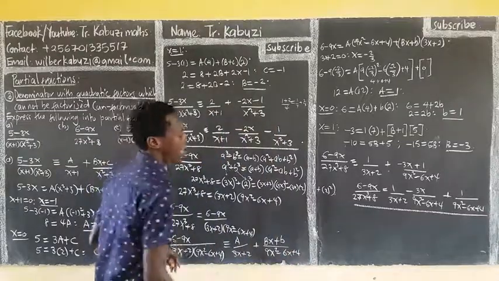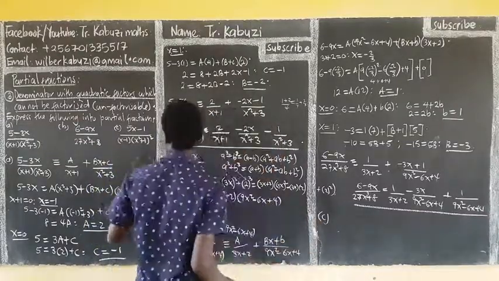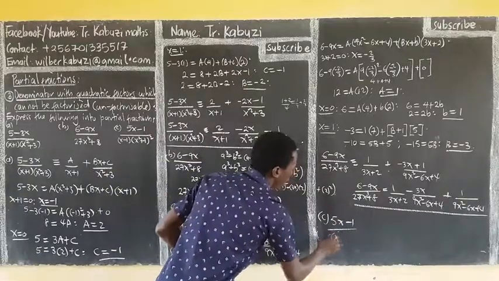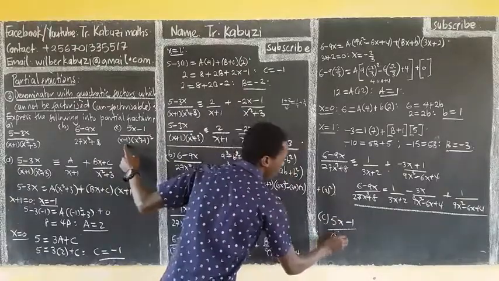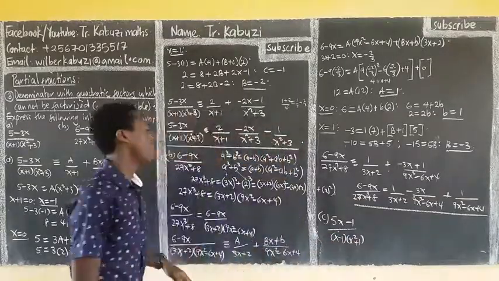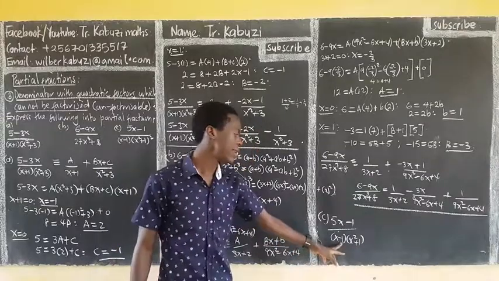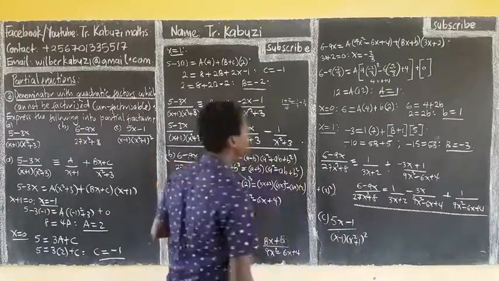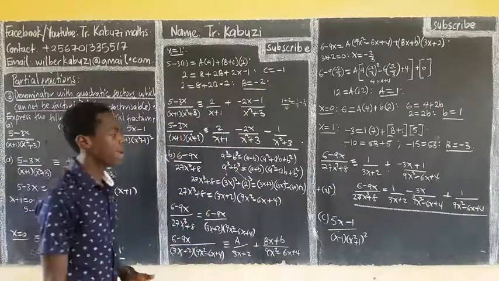Now on part C, I'm going to give you a hint. You will copy it in your free time. Over x minus 1 into x squared plus 1, the whole squared. So you see that this one is unfactorizable, this one is linear. And you see that this one is having a 2, meaning it's now repeated. So how do we handle it?